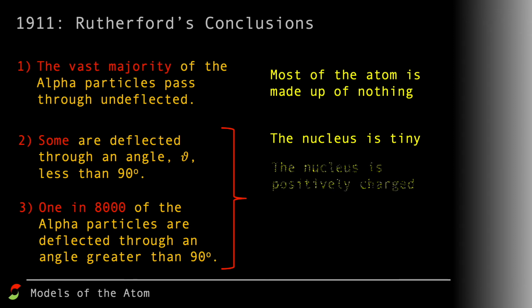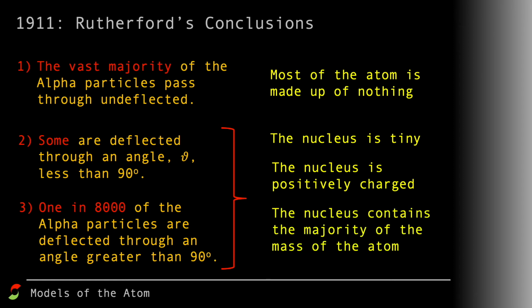Because they were deflected back, there must be some sort of electrostatic repulsion, and therefore the nucleus must have the same charge as the alpha particles. They knew the alpha particles were positively charged, so Rutherford then had evidence to suggest that the nucleus was positively charged.